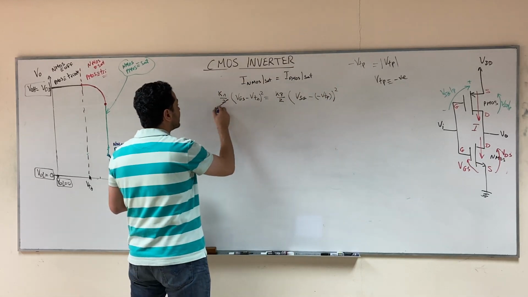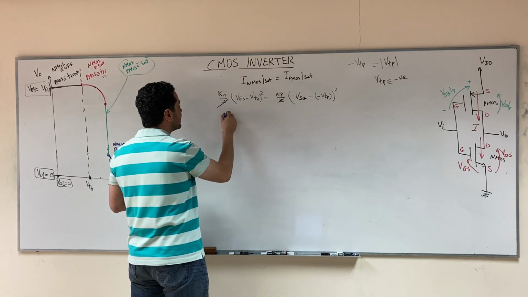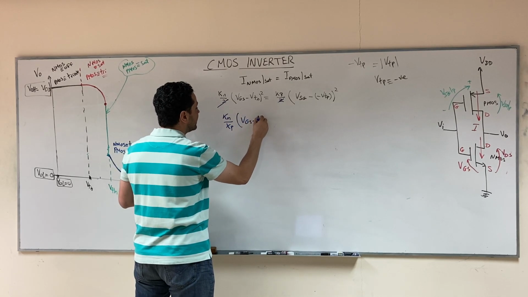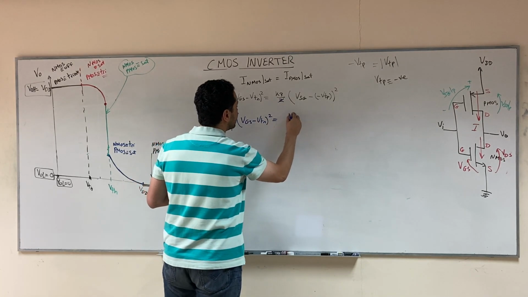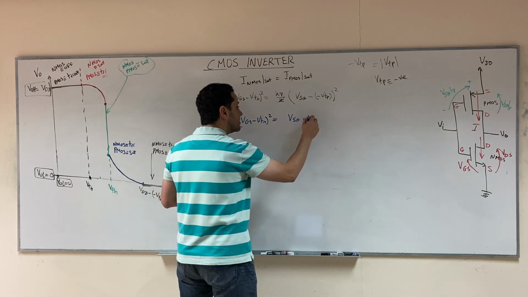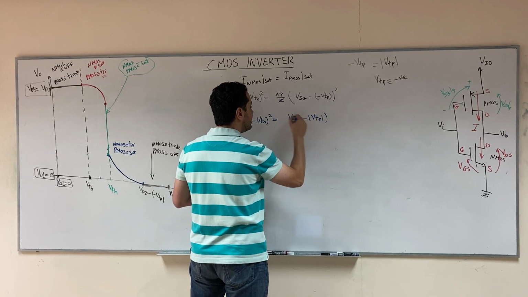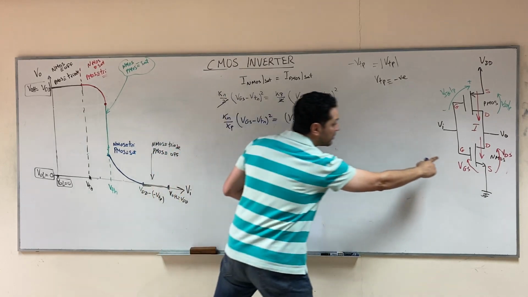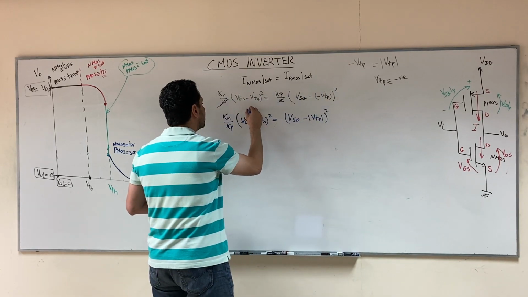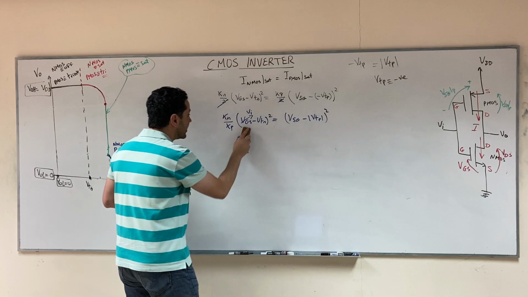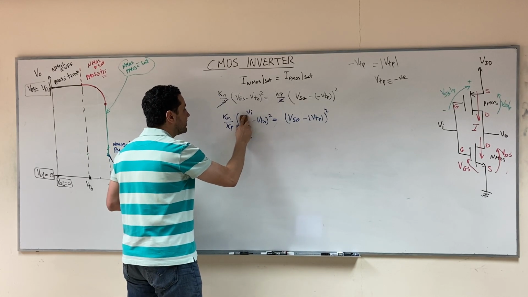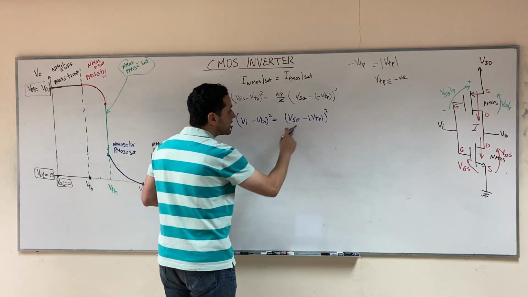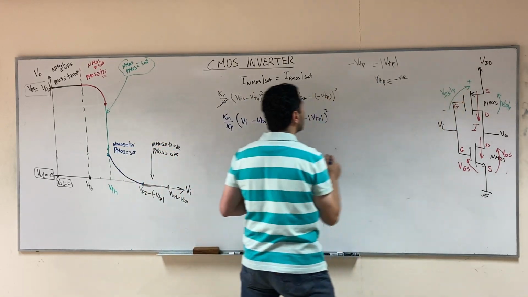Here, let's cancel the 2 with the 2 and divide over Kp, so we will get Kn over Kp times (VGS minus VTN) squared equals (VSG minus magnitude VTP) squared. And now VGS of the NMOS is Vm, right? So let's replace VGS of the NMOS by Vm. And VSG of the PMOS is VDD minus Vm.